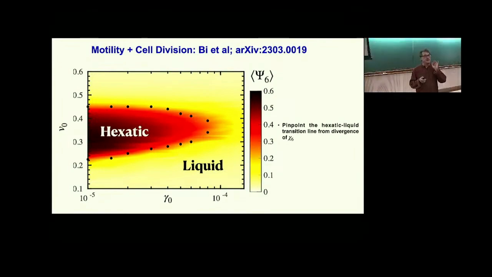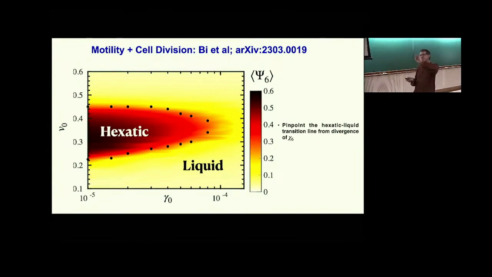So you have activity through self-propulsion, so it's modeling the active forces in the system, but we add, and this is the new ingredient, cell division to this system. And interestingly enough, any amount of cell division actually destroys the crystalline phase in the system. So what happens is, even if you're at very low activity, cell division takes over as a noise-generating mechanism and destabilizes the crystal.